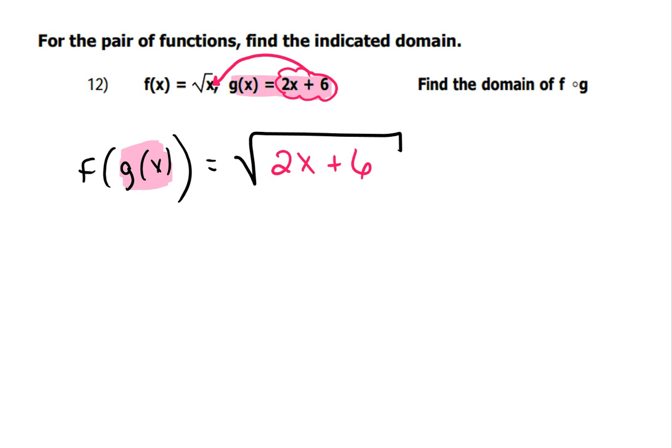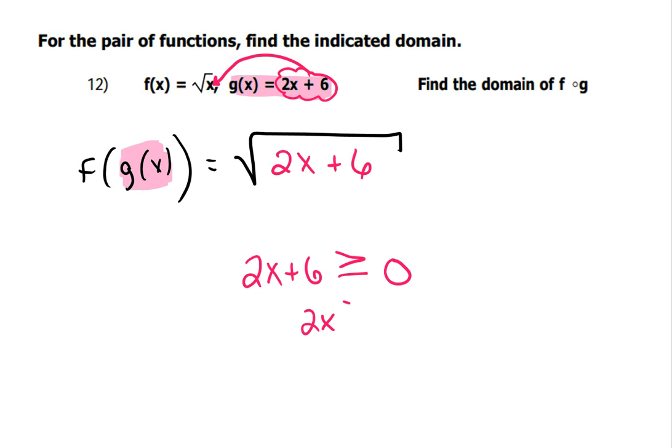So that is the function f of g of x, and you want to know what the domain is. This is a radical. So you have to remember that the stuff under the radical, after you plug in a number for x, multiply by 2 and add 6, always has to be greater than or equal to 0, because you can't take the square root of negative numbers.